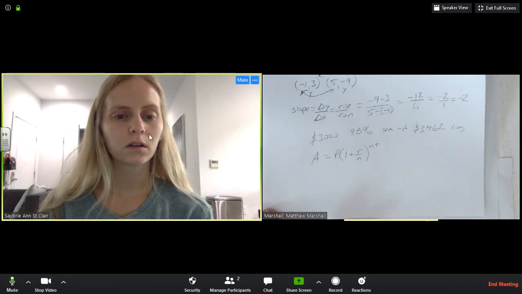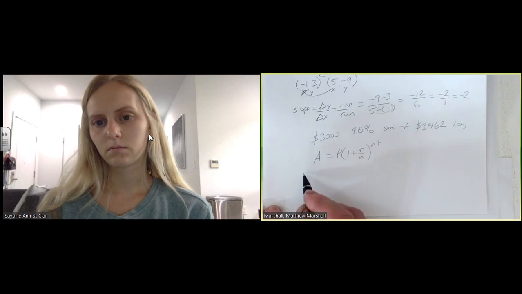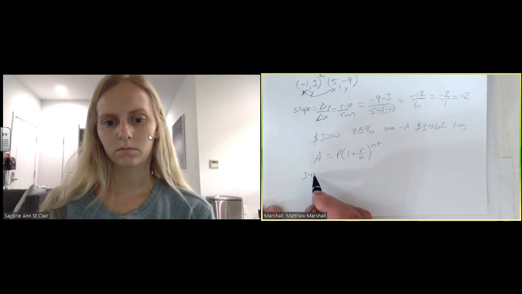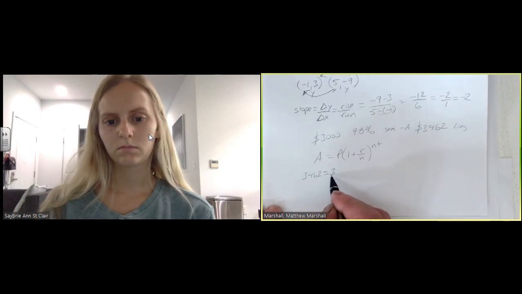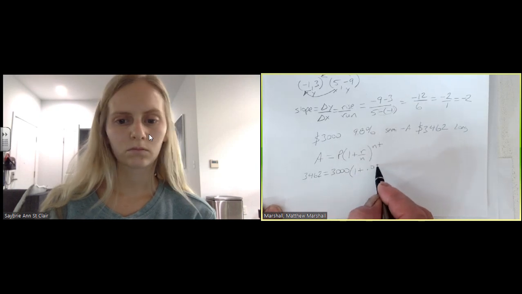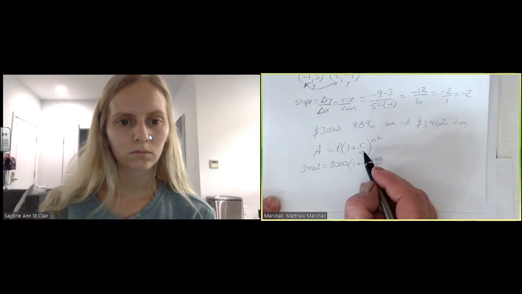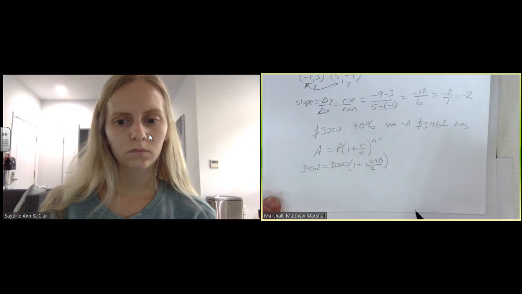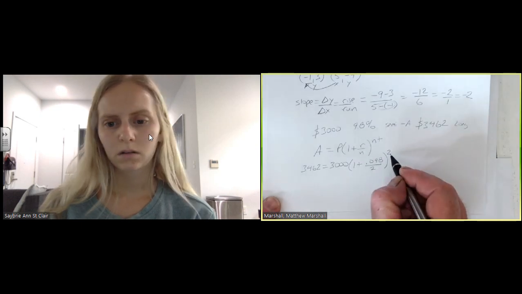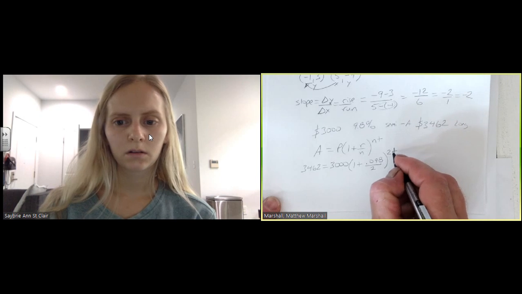Alright, so it wants this number right here, 3462. It wants the initial number right here. I have this. I have the rate as a decimal. The number semiannually is 2. I know this number is 2, and I know this is t, and that's what I'm going to be solving for right there.